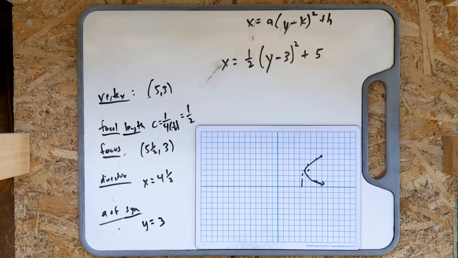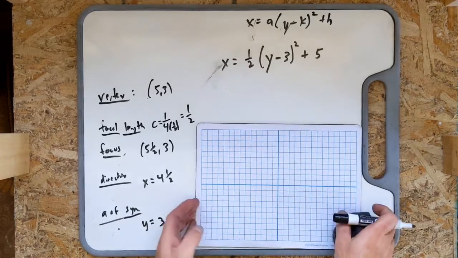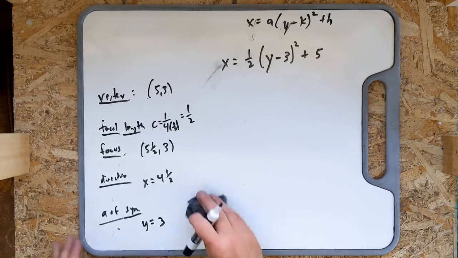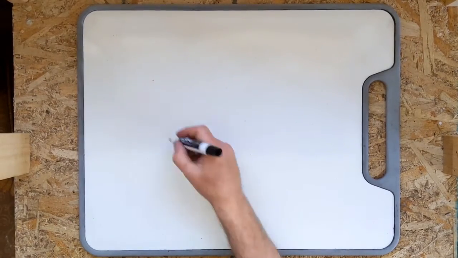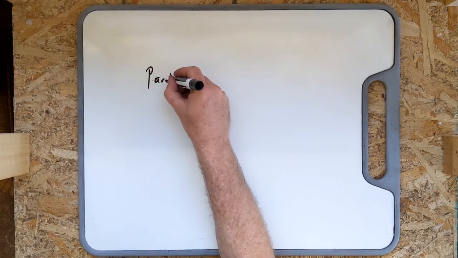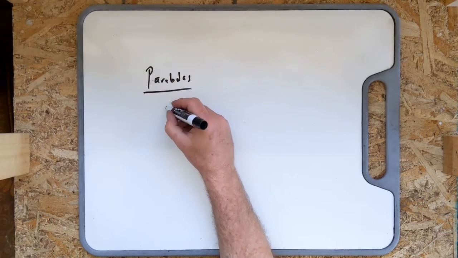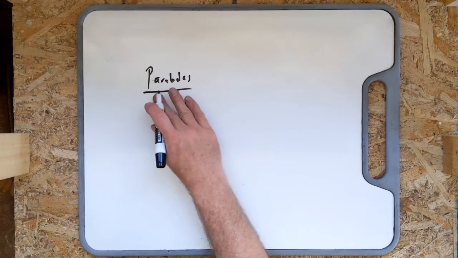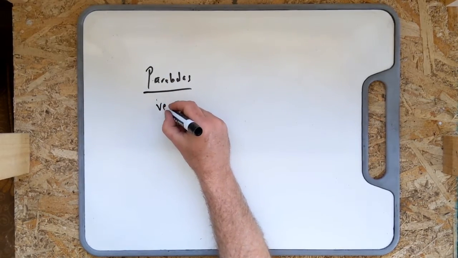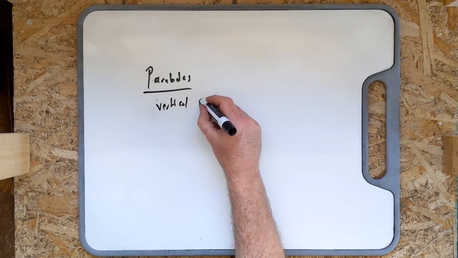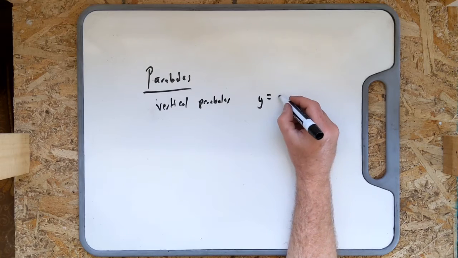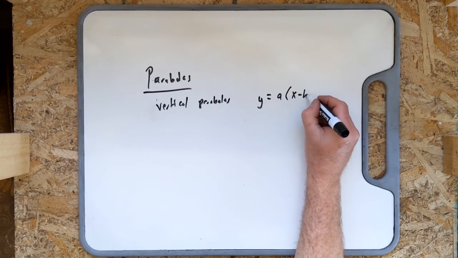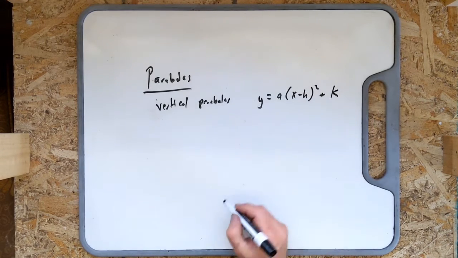All right, that's it. Let me summarize all of it for both sections. So this is for parabolas. I'll start with the one we did yesterday. We'll have vertical parabolas, which are of the form y equals a(x minus h) squared plus k.